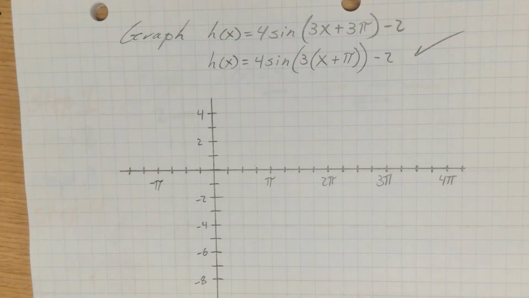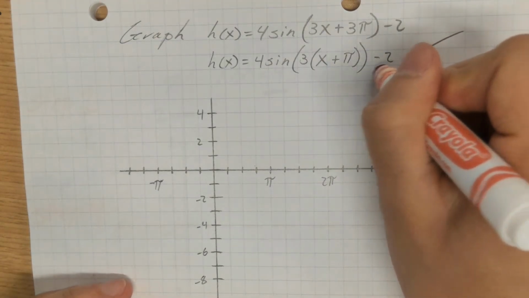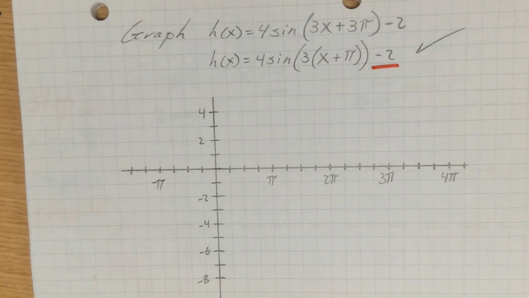Again, I'm going to do this by steps, and I'm going to list all of the steps that I take to graph this. The very first step is to graph the midline, which we find by adding or subtracting a value to my function. You can see that in this case I'm subtracting 2.